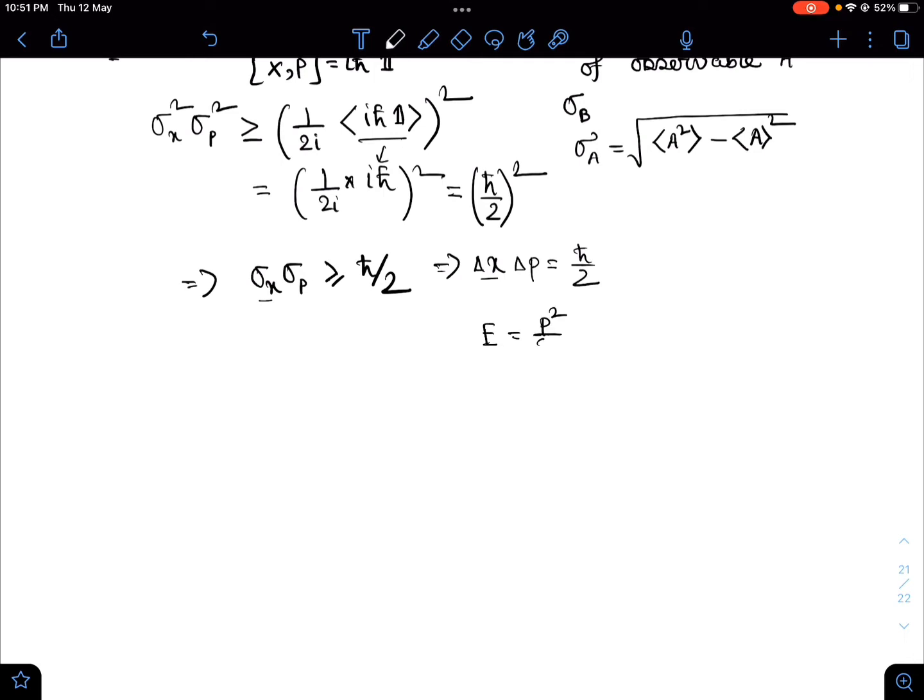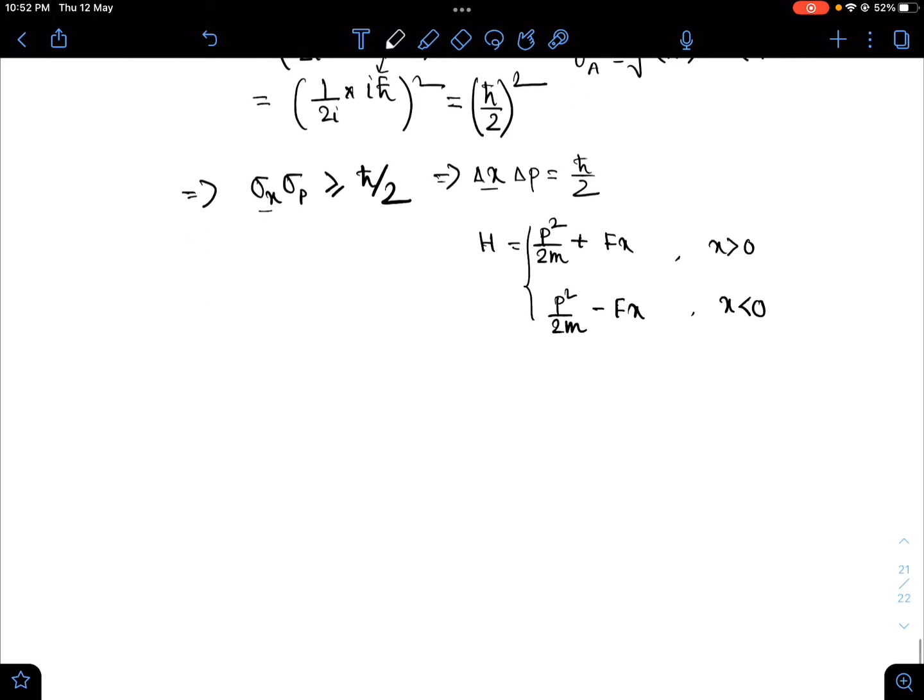So this is p square by 2m. Let us write this as H, because this is the Hamiltonian. So the Hamiltonian is p square by 2m plus Fx for x greater than 0, and p square by 2m minus Fx for x less than 0.